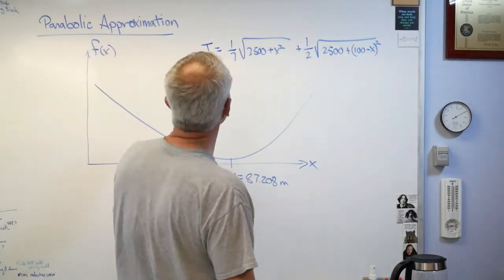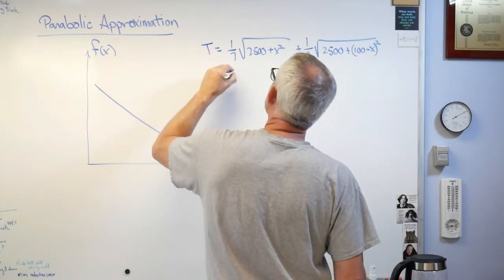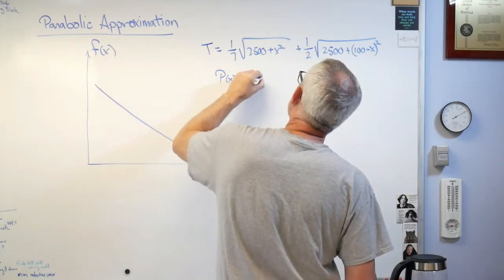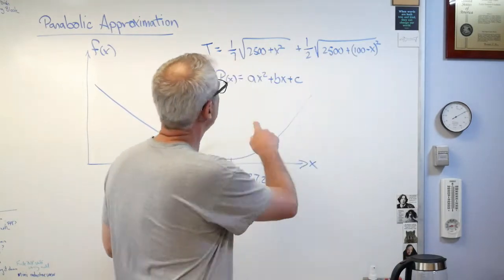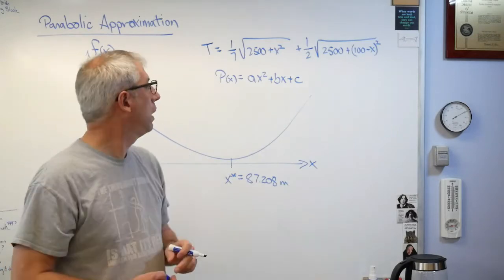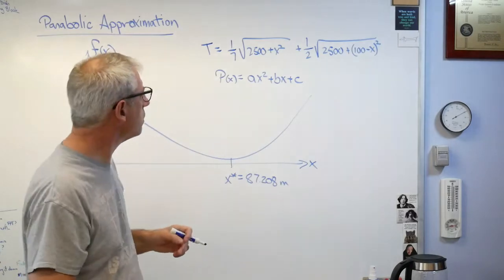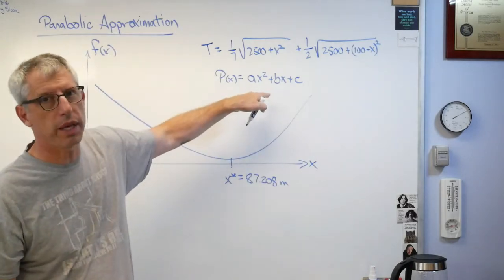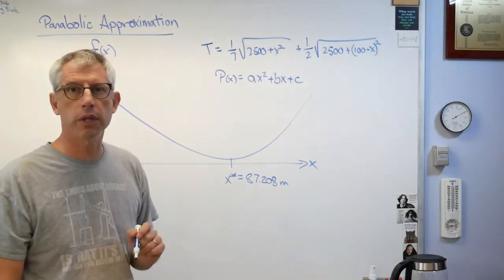Remember what a parabola looks like? Let's say we'll call P of x is ax squared plus bx plus c. That's just the general form. It's called a parabola or a quadratic equation. And this is just a second order parabolic equation. Okay, this is really easy to solve. It's very, very simple to find the minimum of that, and I'll show you here in a second.